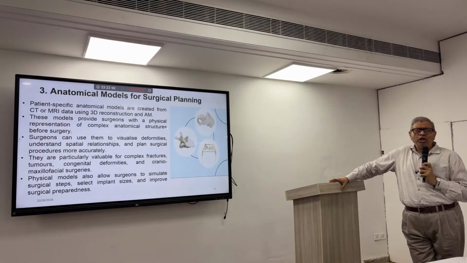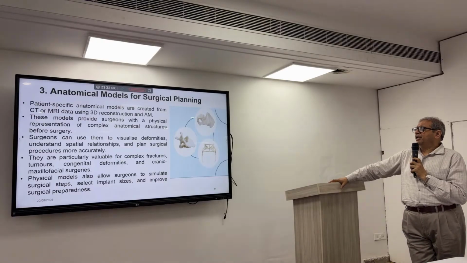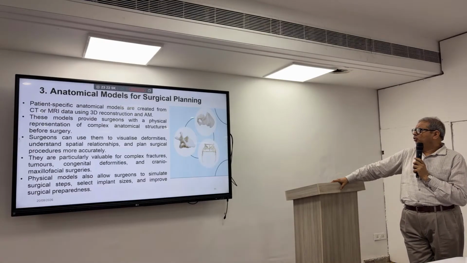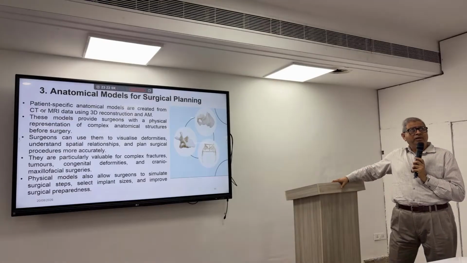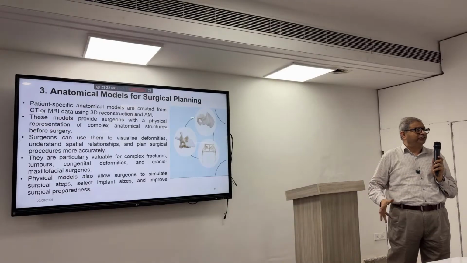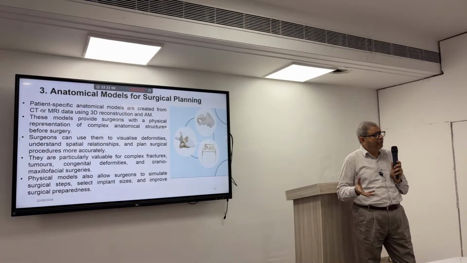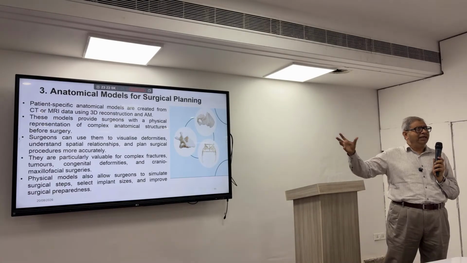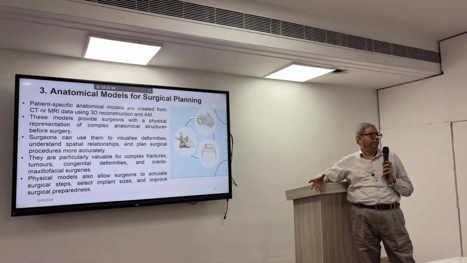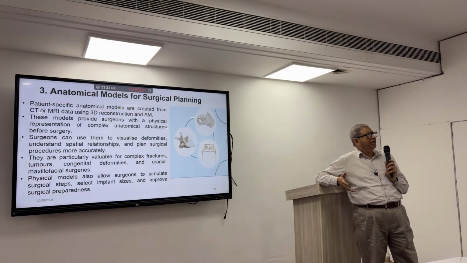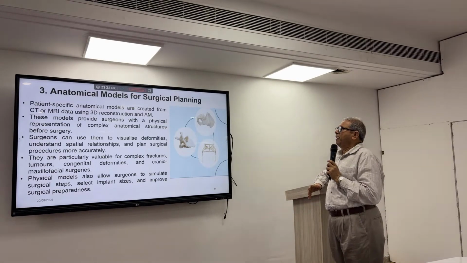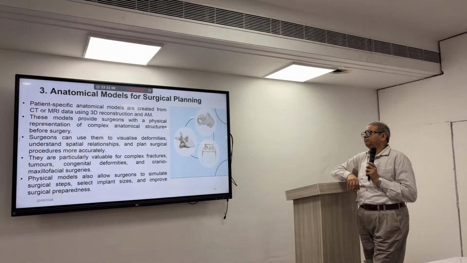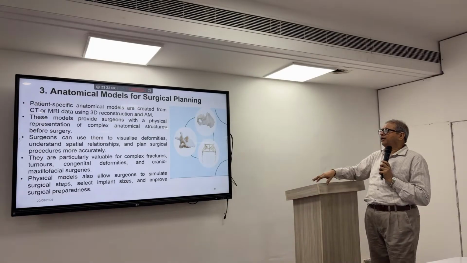So anatomical model for surgical planning. Models means that you create a model: first from the CT scan you find out what the real shape of the body, bone is, something like that, and then you can print that part and then you can understand what the disease is. So patient specific anatomical models are created.